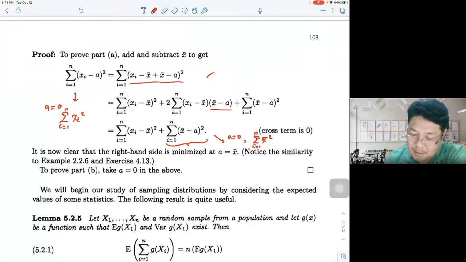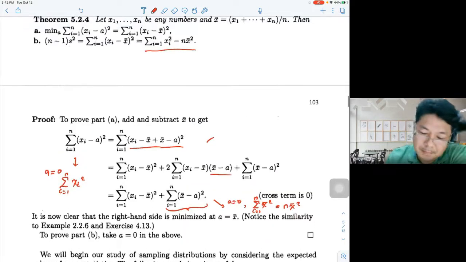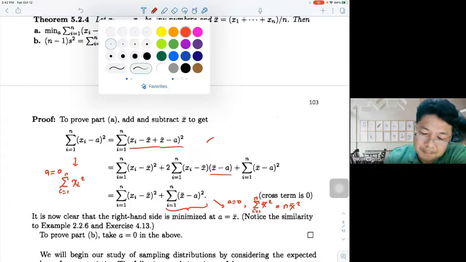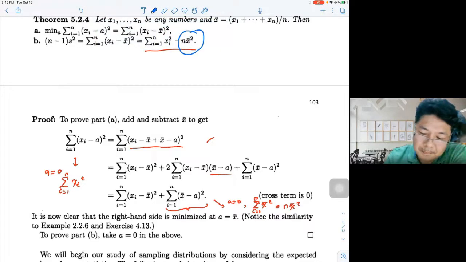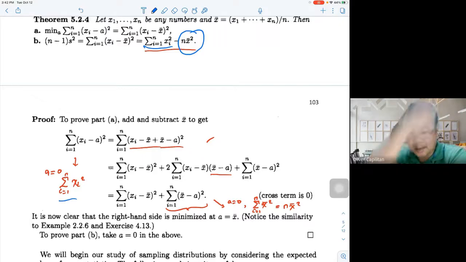Since this does not depend on the index of our summation, we have n x bar squared. And then the finite summation of x sub i. So we are able to obtain this finite summation.